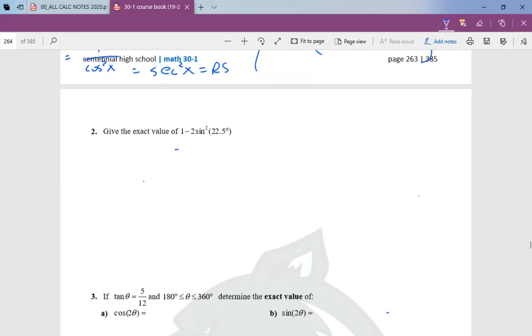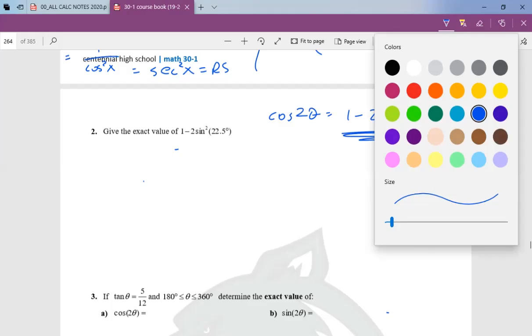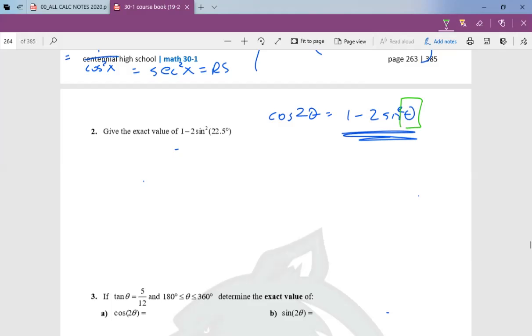This question is going backwards, and often we would start with cos 2 theta is equal to 1 minus 2 sine squared theta. But in this case, we're given this. And in fact, that theta here is 22.5 degrees. And so what do we have over here on the left side, what it's equal to? Well, it's going to be equal to double that.